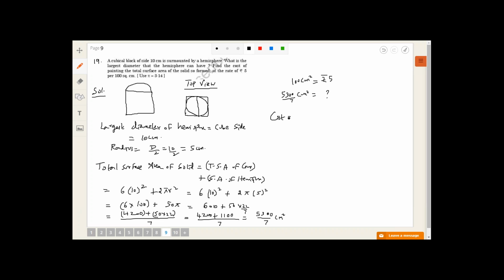So the total cost will be 5300 by 7 into 5 divided by 100, that is equal to 53 into 5 divided by 7, that is nothing but 265 by 7, which amounts to 37.85.